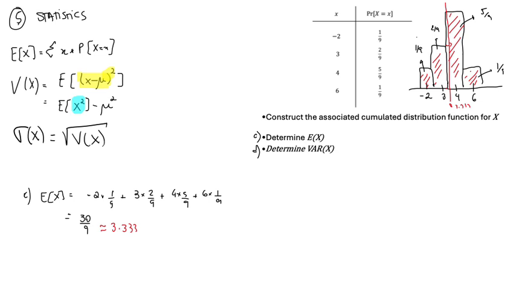This is one of the formulas that you can use to calculate variance. You take your variable x, you form a new variable, which is x minus mu squared, and you take the expected value of that. And the other formula to calculate variance is E of x squared minus mu squared.